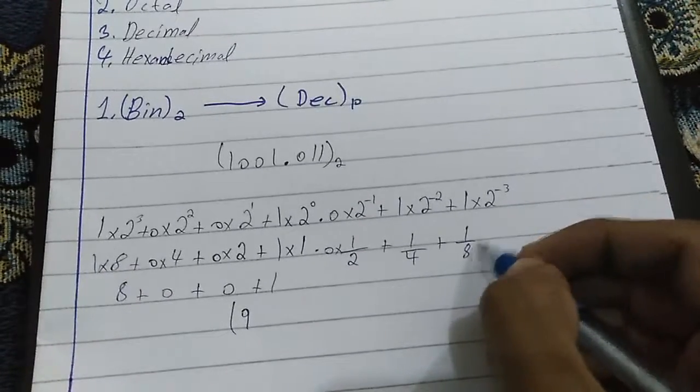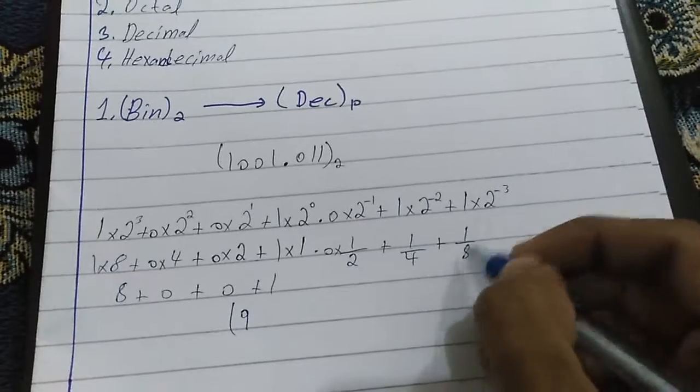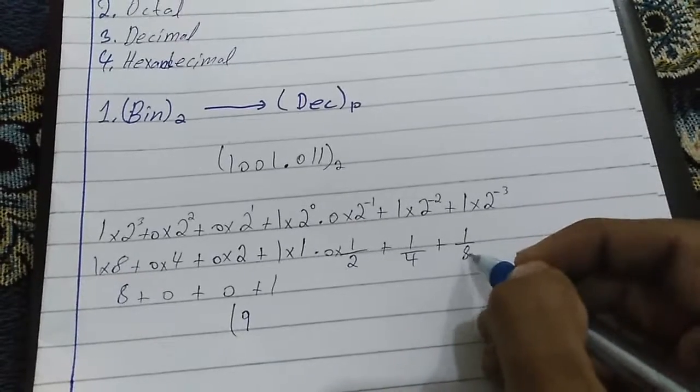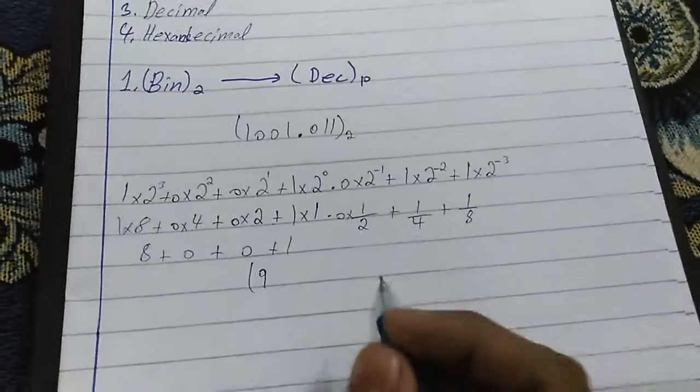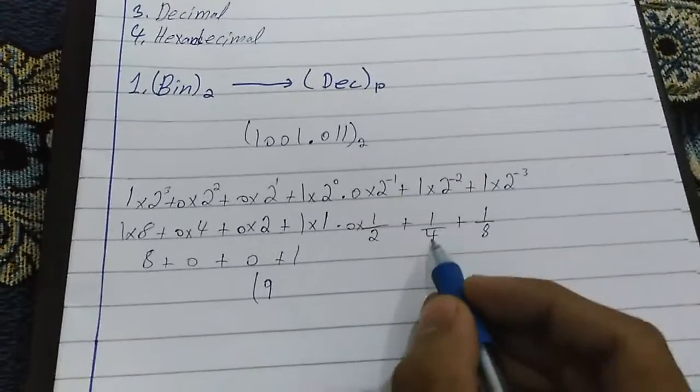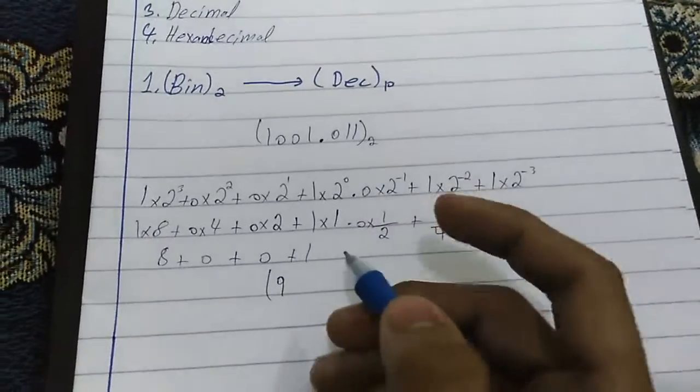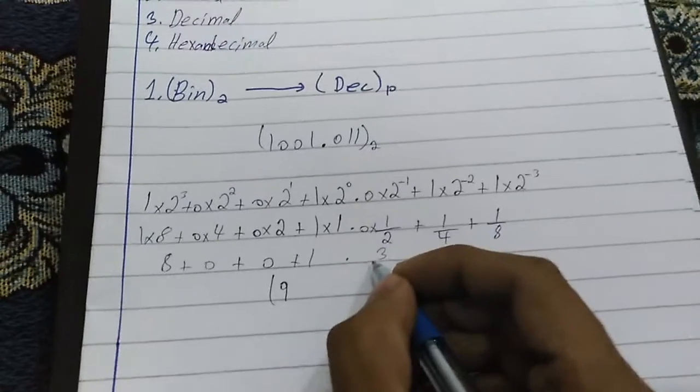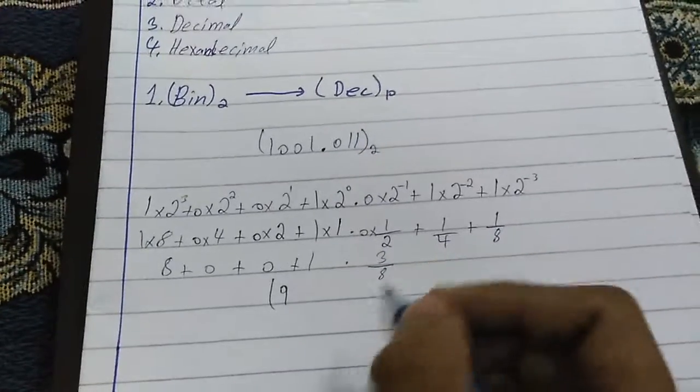We have to get a positive value. To get a positive value, we have divided it by 1 by 8 like this. Now after simplifying and taking the LCM of those values, we have 3 by 8.